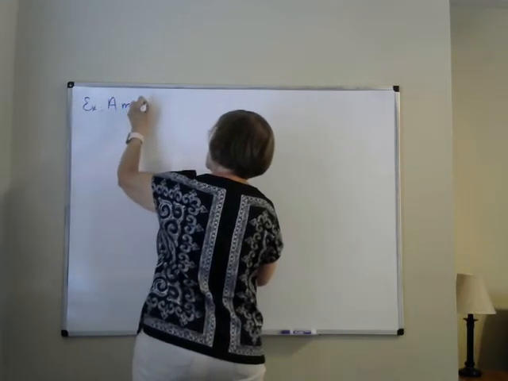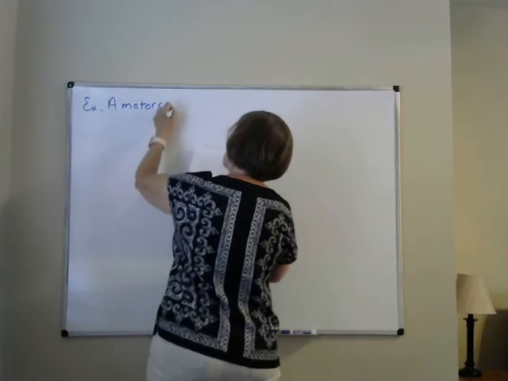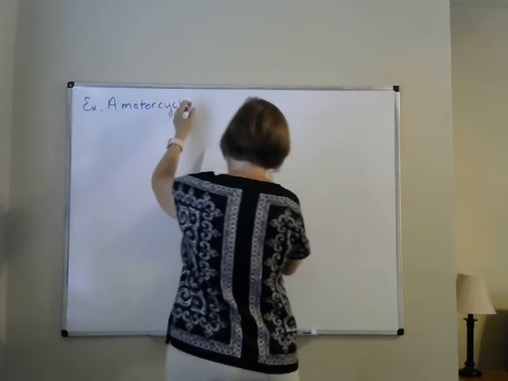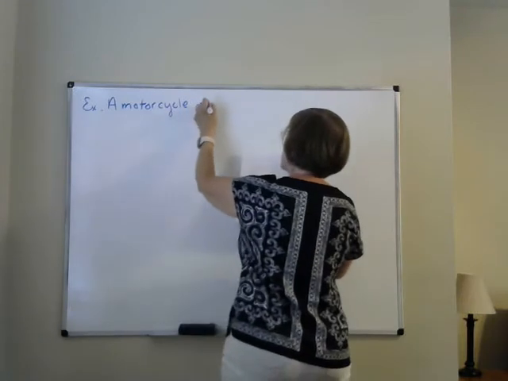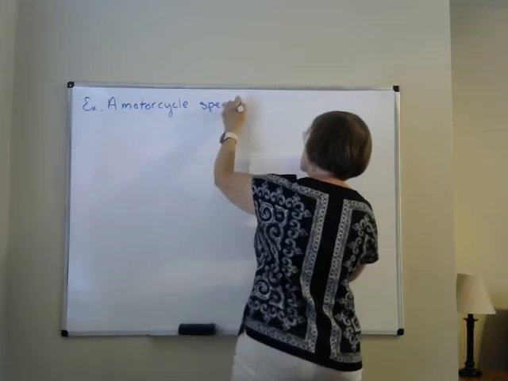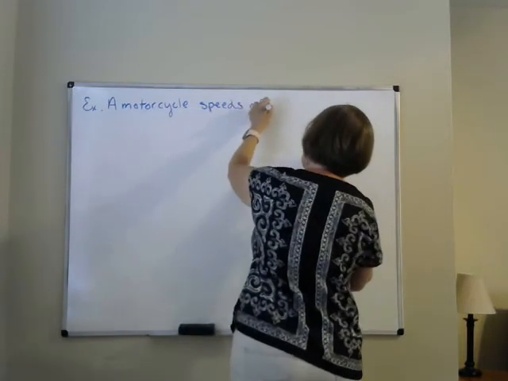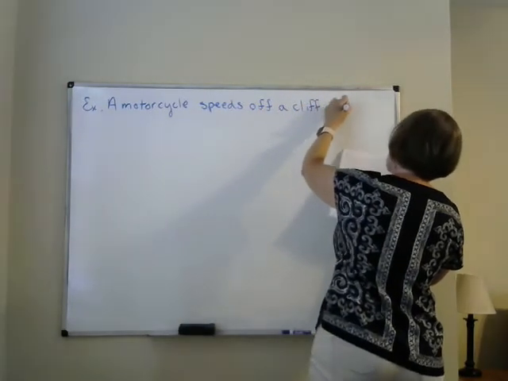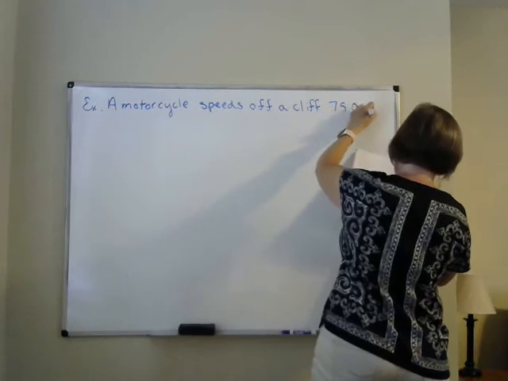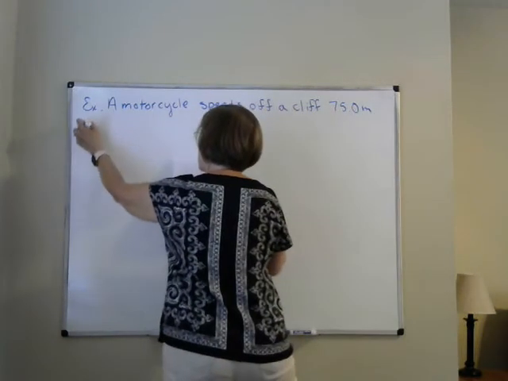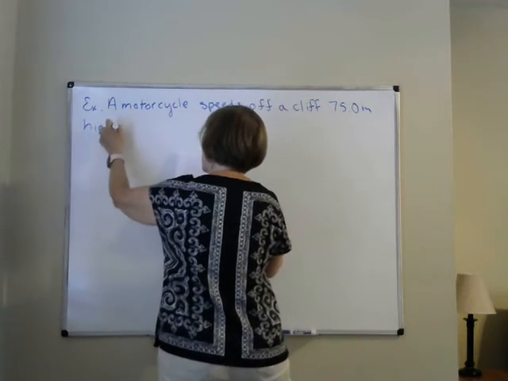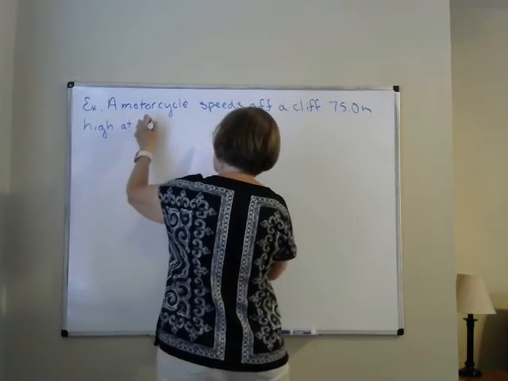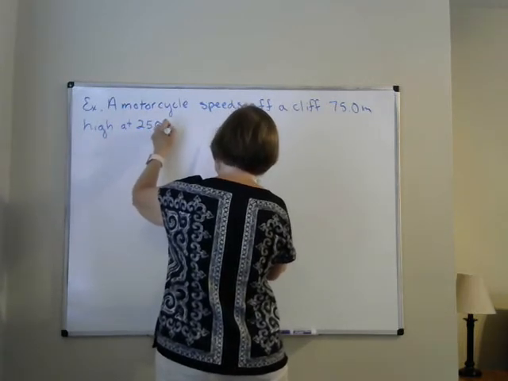A motorcycle speeds off a cliff 75.0 meters high at 25.0 meters per second.